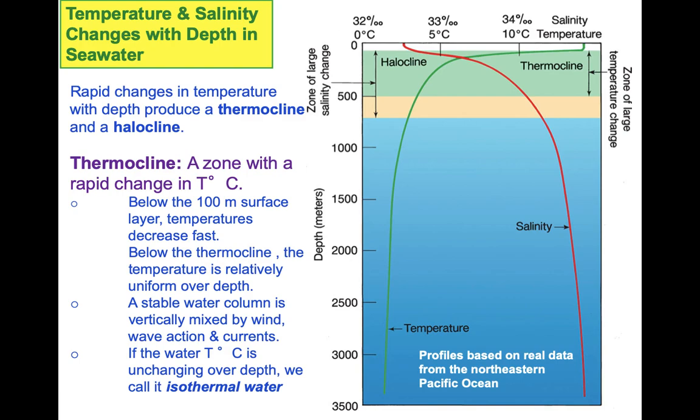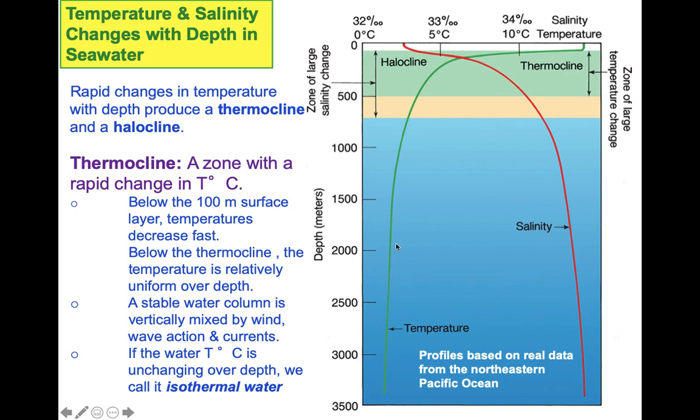And the temperatures continue to go down below this thermocline zone, but not at as fast a rate as we saw within the thermocline zone. And as you can see, by the time we get down to about 2,000 meters, just like we saw with the density profile in the ocean waters, you end up with pretty stable cold ocean water all the way down to the bottom of the ocean system.